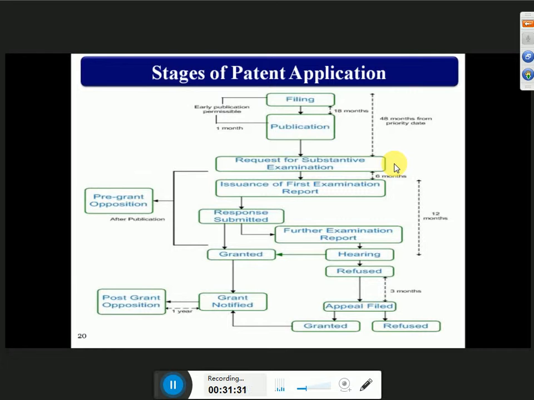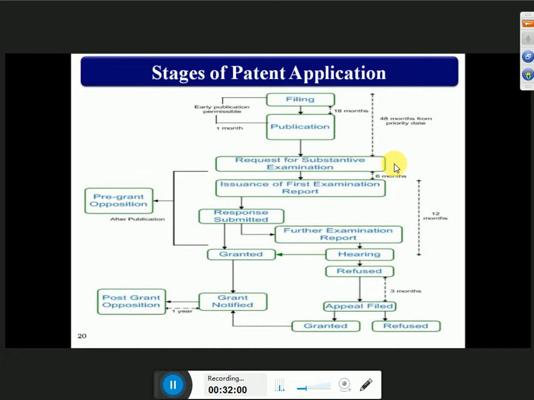Now what happens in the Indian Patent Office is, suppose I have requested for examination and someone else knows that this particular patent has been published. Before the examination, pre-grant opposition can be filed by someone else. That means someone can oppose that this invention cannot be granted a patent.